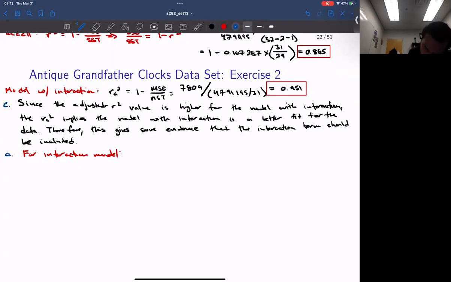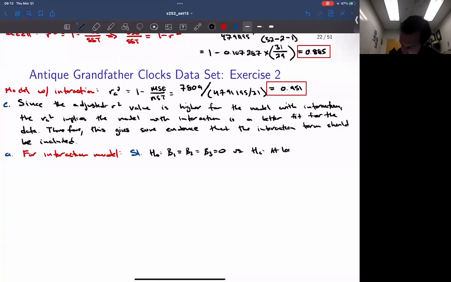Step 1: H0, beta 1 equals beta 2 equals beta 3 equals 0, versus HA, at least 1 beta j does not equal 0, j equals 1, 2, 3.